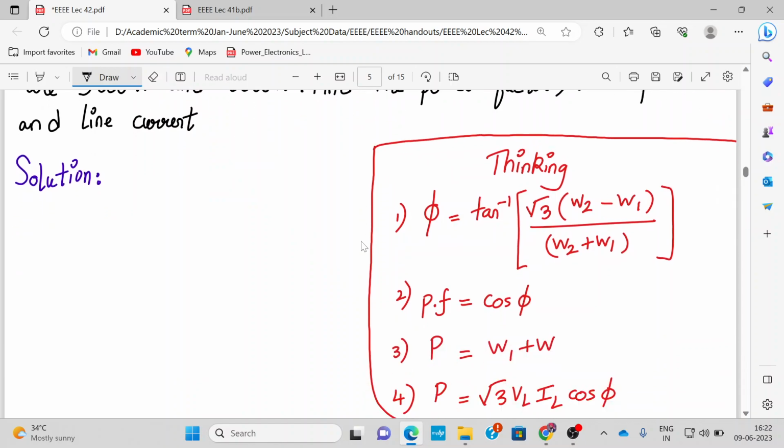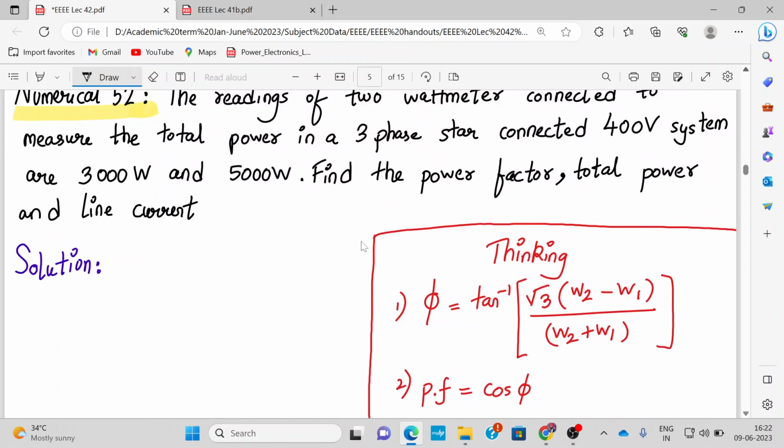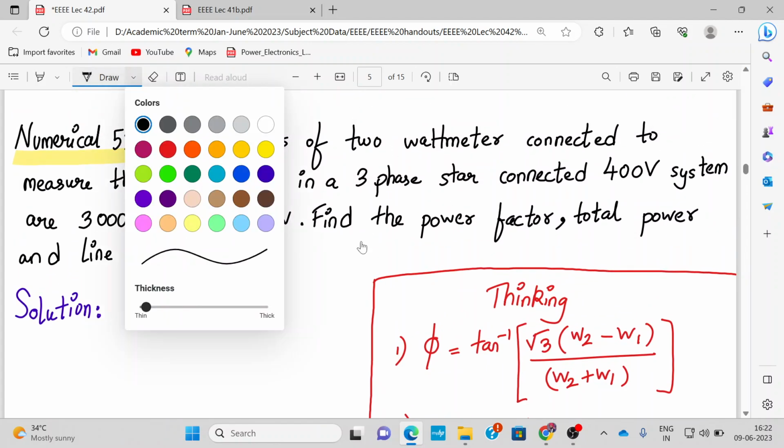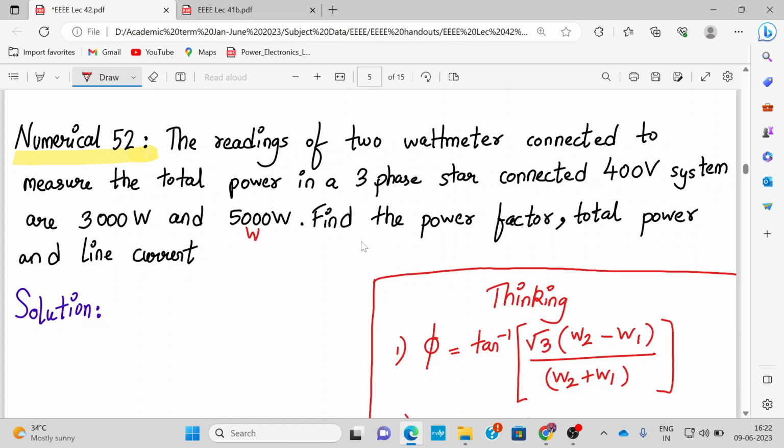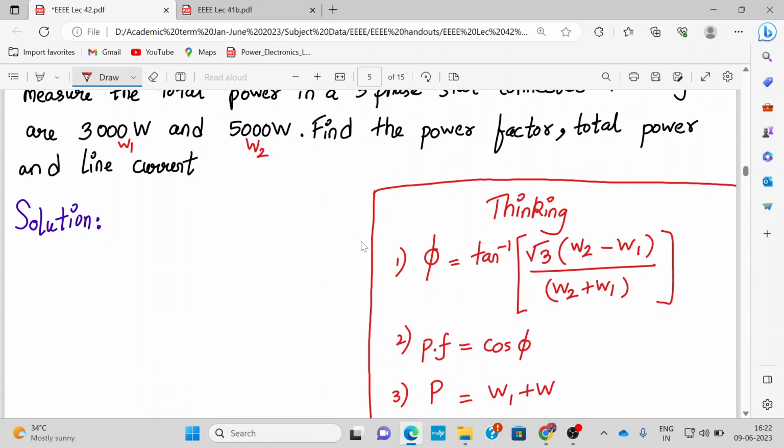So in this, we first have to calculate angle phi, which is tan inverse of square root 3 times (W2 minus W1) upon (W2 plus W1), considering that W2 is greater. So over here, this is W2, this is W1. So W2 is greater than W1. Alright. So I'll give you a hint, I'll not solve this.